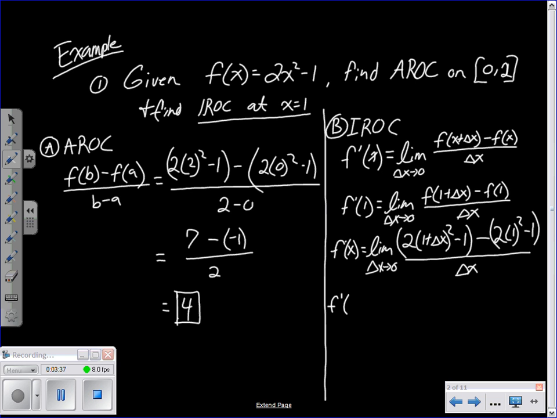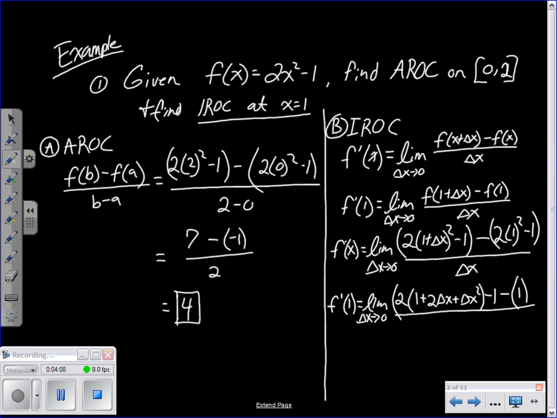So f prime of 1 is the limit as delta x goes to 0. I can expand my binomial, so this is 2 times 1 squared, which is 1, plus 2 delta x, so 1 times delta x plus delta x times 1, plus delta x squared, minus 1, and then I'm going to have minus 1 squared is 1, 1 times 2 is 2, and 2 minus 1 is 1.